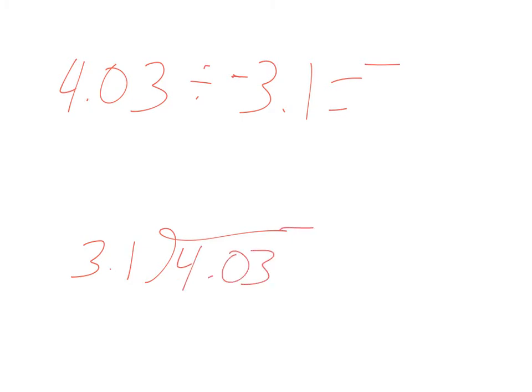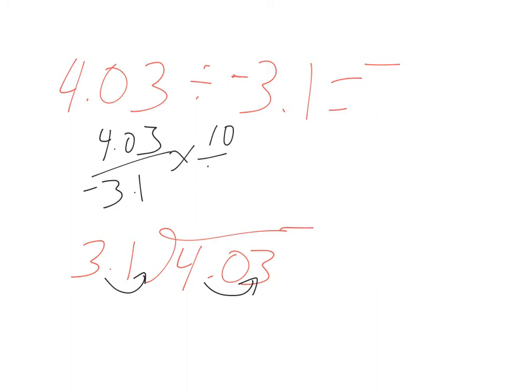Remember, with division, you move your decimal point over 1, because this is basically 4.03 over 3.1. If I multiply by 10 over 10, it equals 40.3 over 31, which is what I changed this number to. So my decimal comes here.